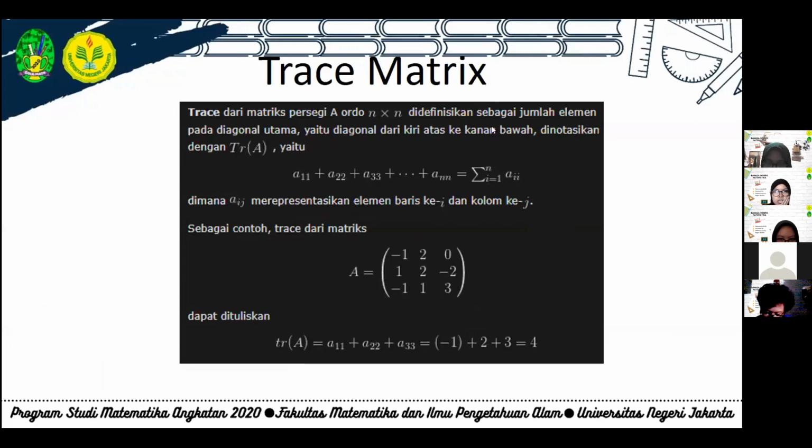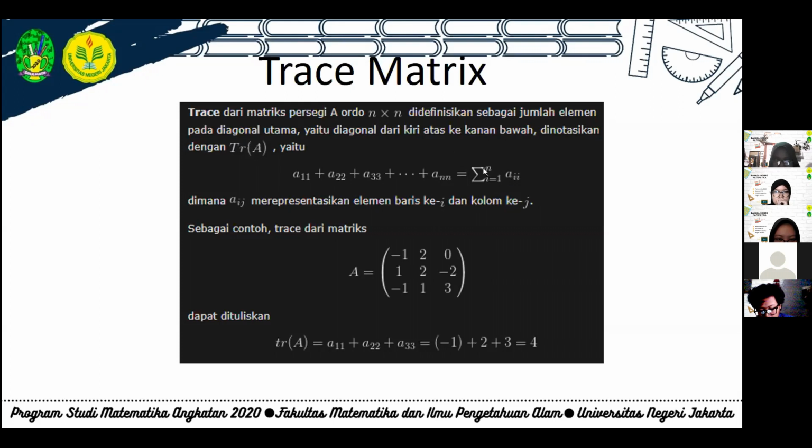Okay, this is the trace of a matrix. The trace is defined for a square matrix A with n rows and n columns as the sum of the main diagonal elements of matrix A, and this is the notation.